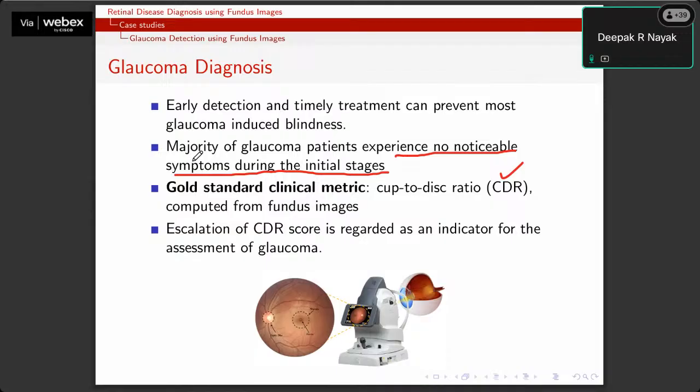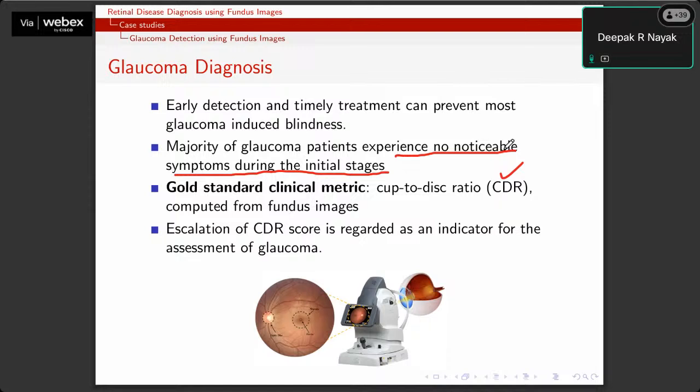So how do we detect it, and what are the gold standard metrics used for glaucoma? One is the cup to disc ratio, which is very, very important to understand. Its value is always between 0 and 1, which I will discuss.